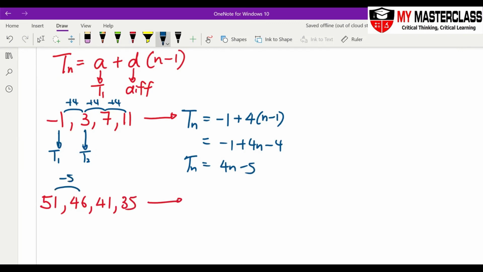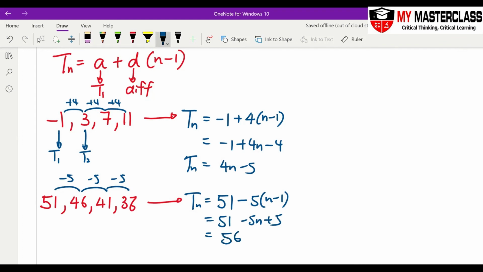Even if it's -5, the Tn is going to be equals to first term 51 -5 bracket n minus 1, because the difference is -5. Okay, be careful. 51 minus 5n plus 5. So this is going to be like 56 minus 5n. Okay, most common one.